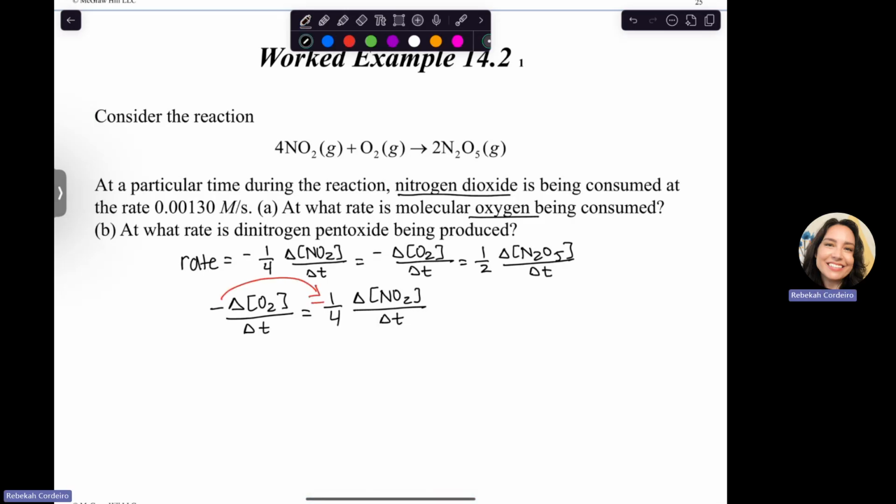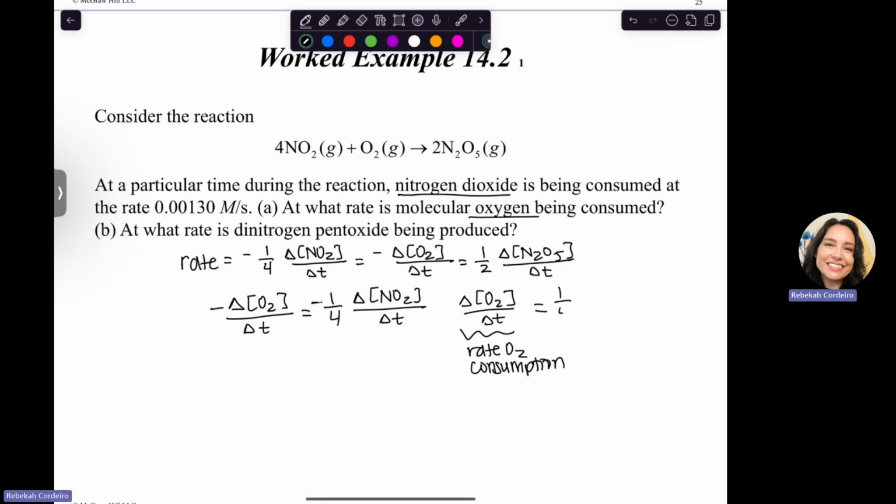then I get a formula that says the rate for oxygen, which is the rate for O2 consumption, is equal to... oh, those are both negative. Whoops, I forgot. I wrote it down. So these are both negative, so we can just get rid of the negatives.